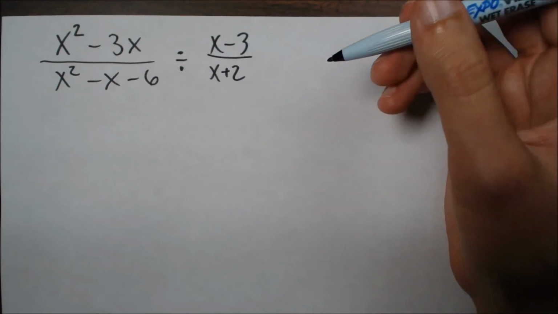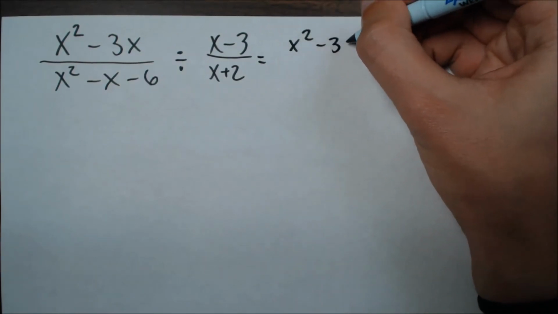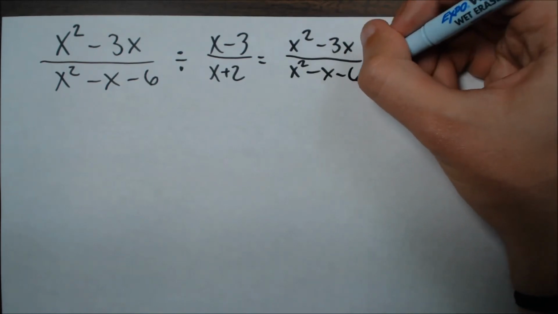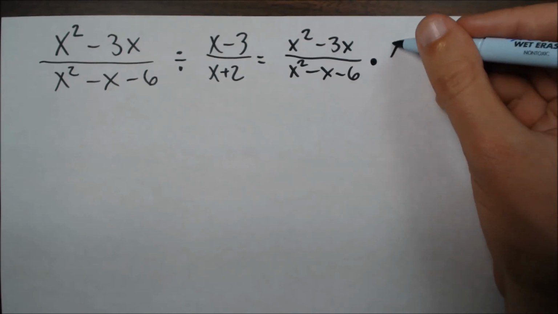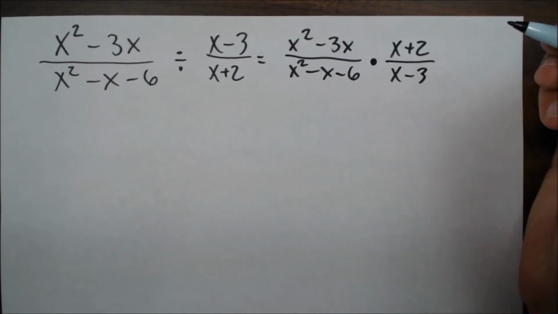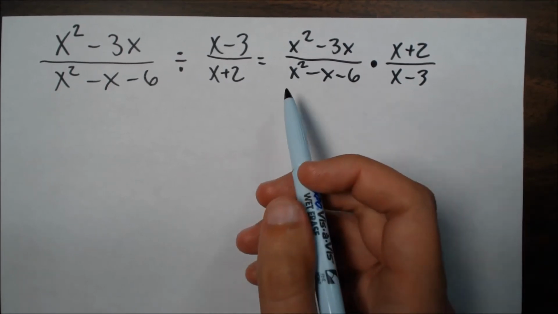I'm just going to flip those upside down and change it to multiplication. So I'm going to rewrite the problem to multiplication, and I'm going to flip that upside down. And now it's just a multiplication problem. And since you know how to do that, congratulations, now you know how to divide also. It's really just the same thing.